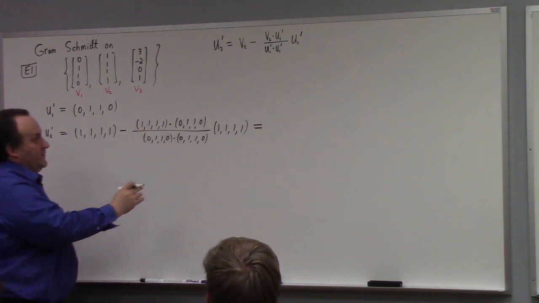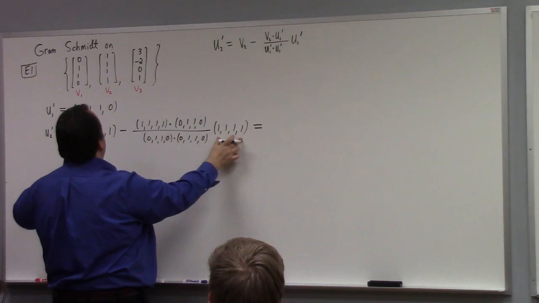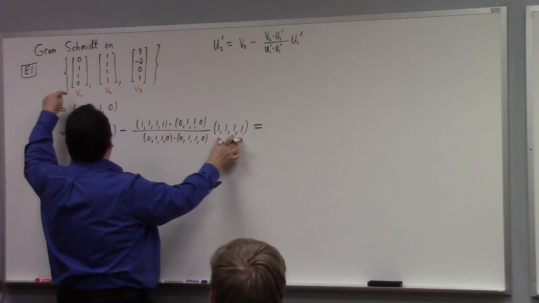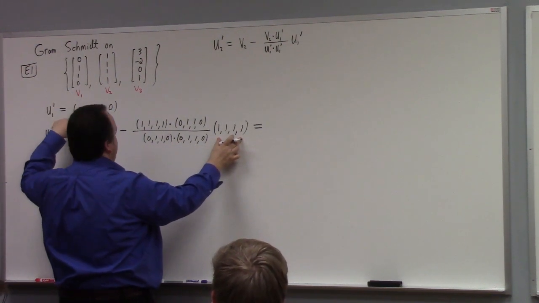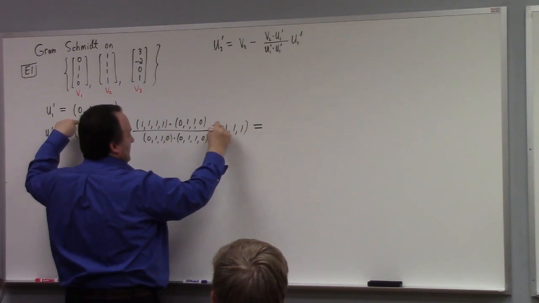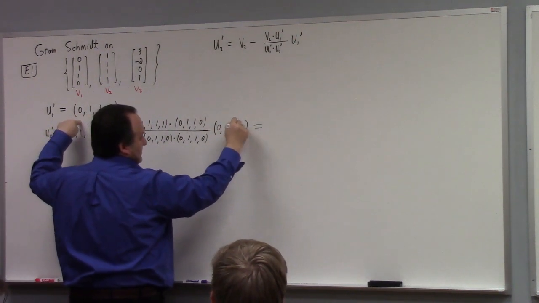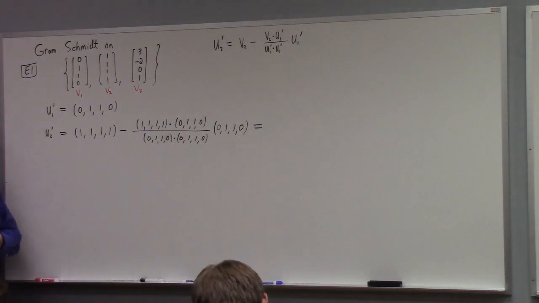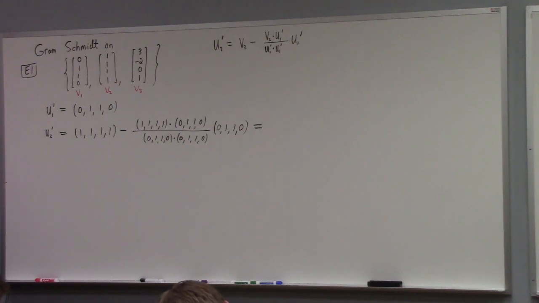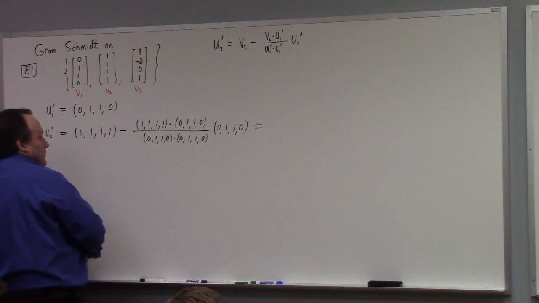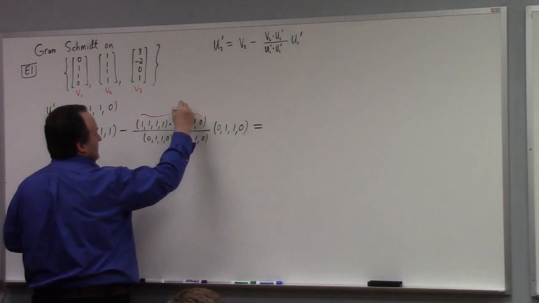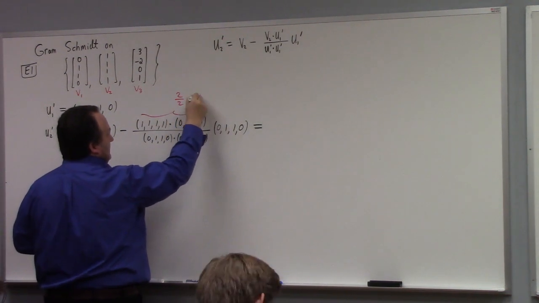As you can see, this is supposed to be, excuse me, the 0, 1, 1, 0. That's what's supposed to go there. And we can check as we go, right? At every step, you should check whether the next one you're producing is perpendicular to all the ones that came before it, because if it's not, you've done it wrong. This fraction right here works out to 2 over 2, also known as 1.